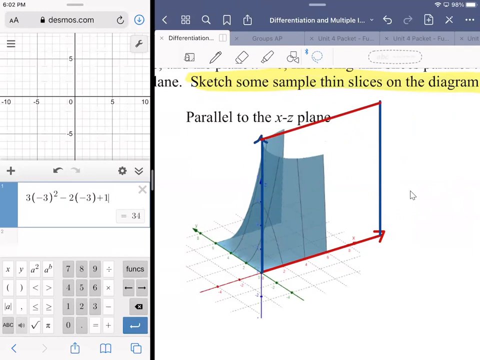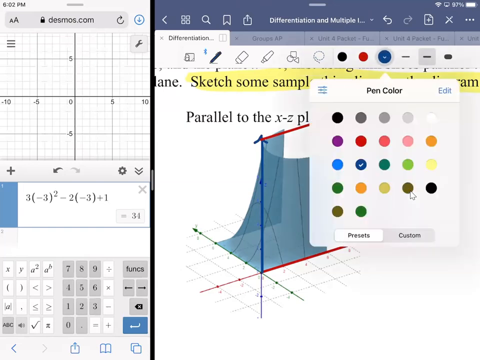All right, so that would be the XZ plane. And just to make it a little bit more distinct, I'll use the green. Oh no, green represents Y. So let me stay away from that. I'll keep it as red. I didn't have to change the color.